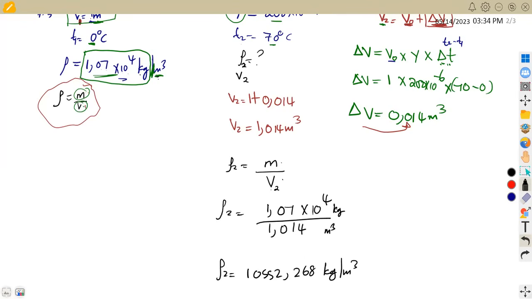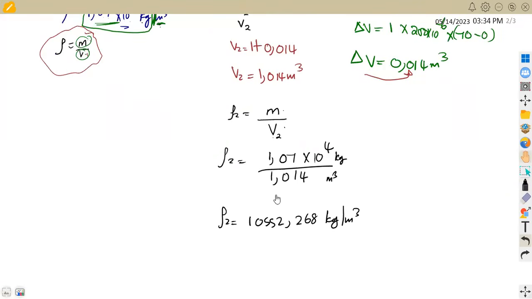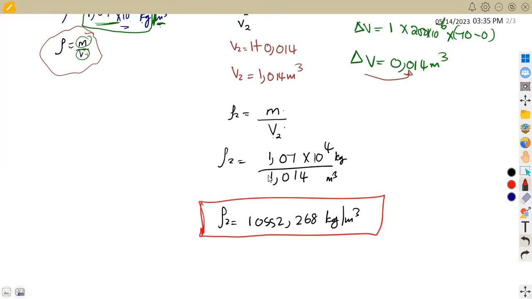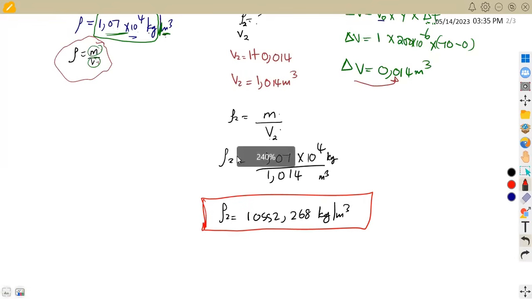All right, so we can even write this in other ways, like you can multiply it by times 10 to the power 4, whatever that you want, or you can just simply leave your answer like this. So this is the density that you're going to have at the second temperature, or at the second condition that we are given in this case.